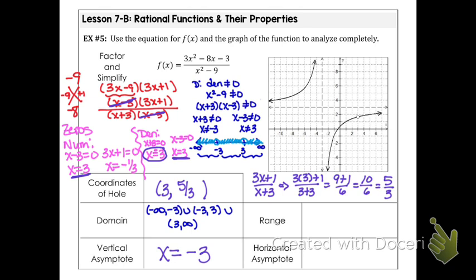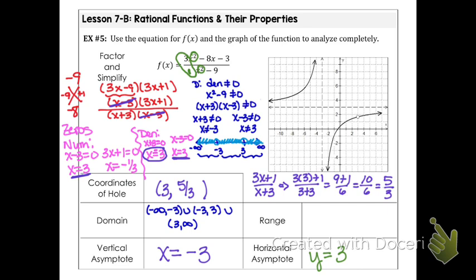I'm going to go back to the original one, because you can use the original or your factored down one, it doesn't matter. I see that my highest degree is in both. And remember, if it's both, it's a ratio of its coefficients. So 3 on top, 1 on bottom. So it's going to be y equals 3 over 1, which is 3.